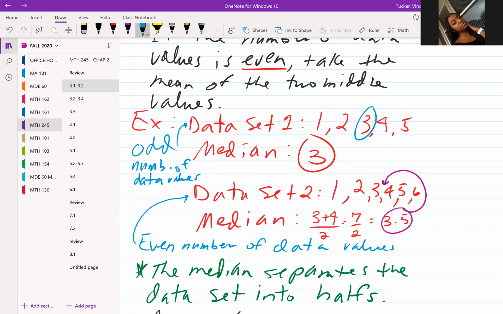Is it unsafe to say that when you have an even set, it won't always just be the lower number plus 0.5? No, no. Yep, because if we were to spread this data set out wider, and let's say my two middle values are 35 and 41, then there's no guarantee.